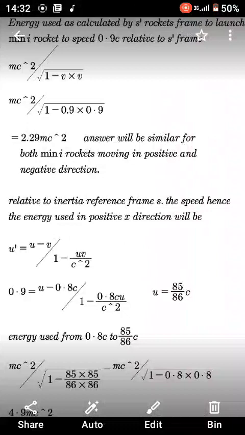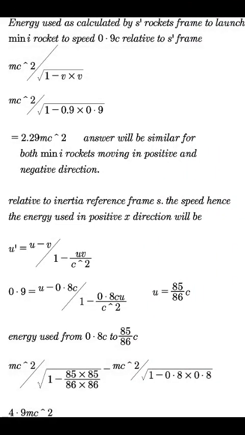So the energy consumed from 0.8c, as in where the mini rocket was before it was launched, it had a similar speed as the main rocket, so it will be 0.8c to 85/86 c. So if you calculate that energy, you'll find 4.9 mc squared will be the energy from 0.8c to 85/86 c.